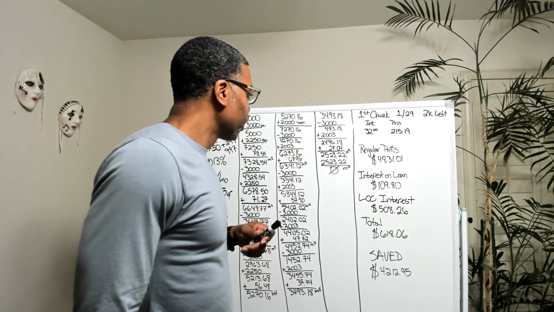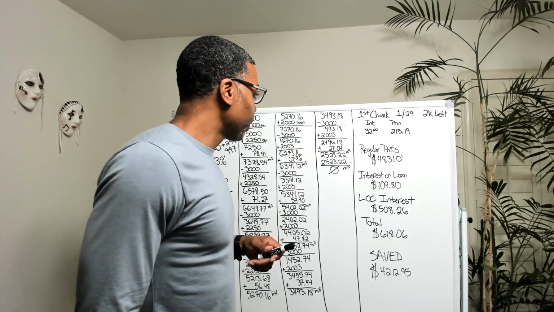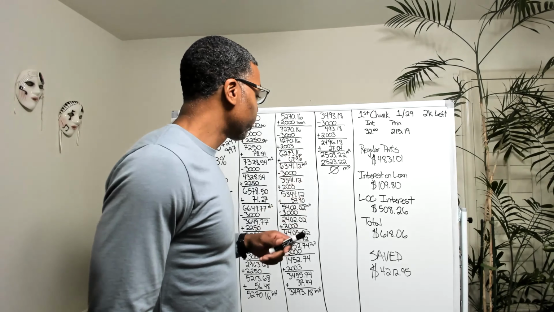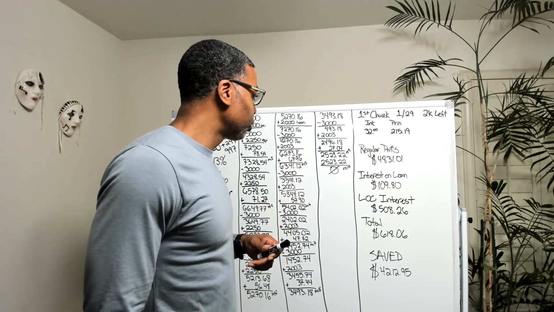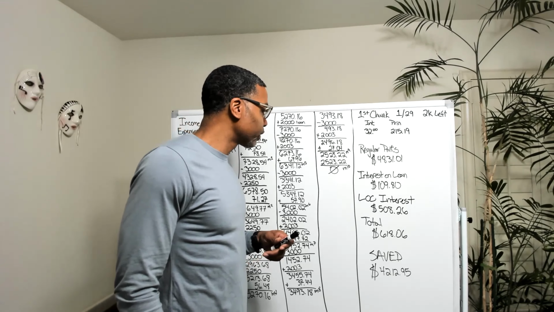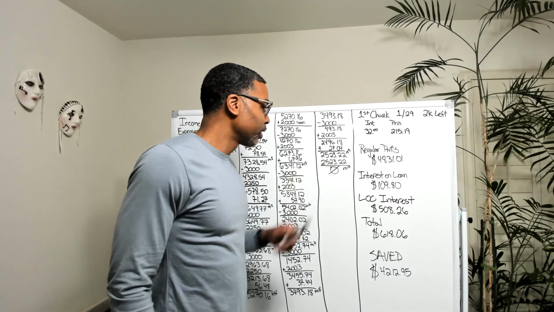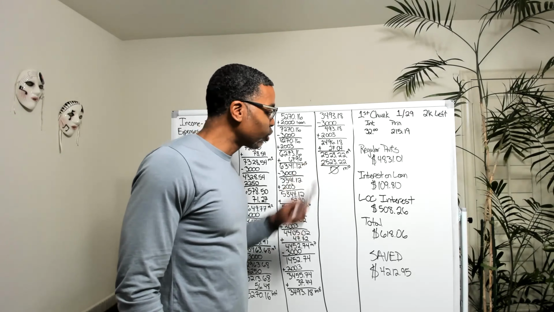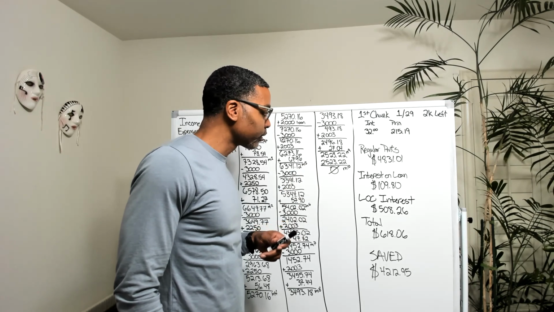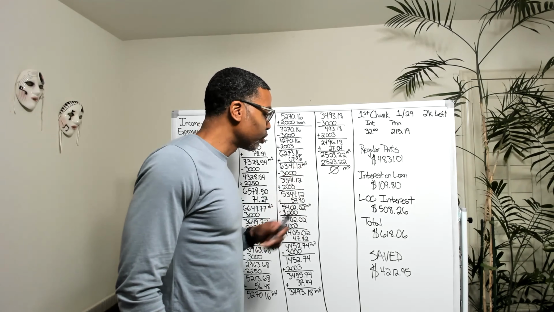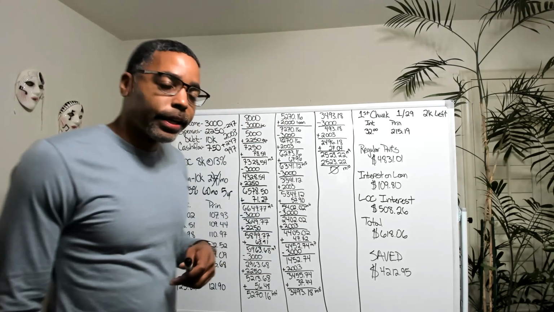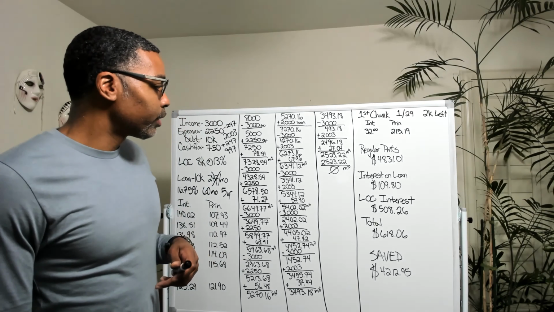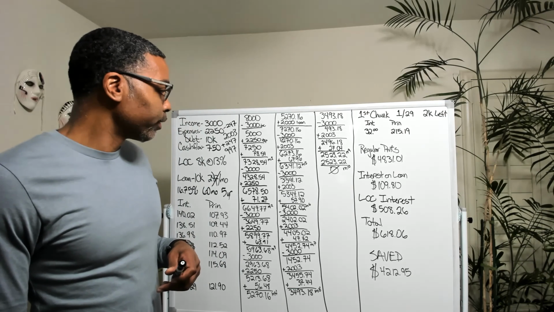So we got our expenses coming out, $2,003, raising the balance up to $2,496.18. We got the interest right here of only $27.04, raising the balance up to $2,523.22 at the end of month nine.